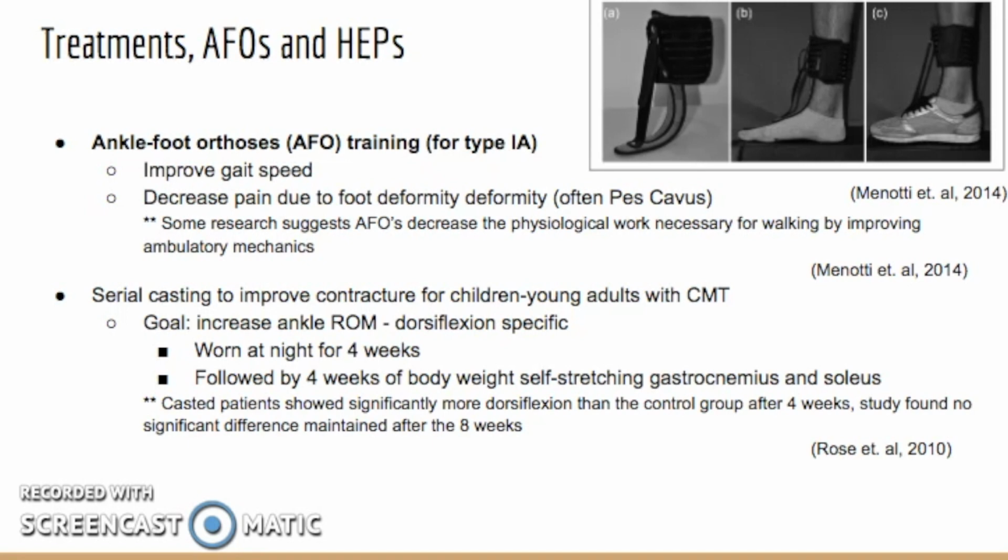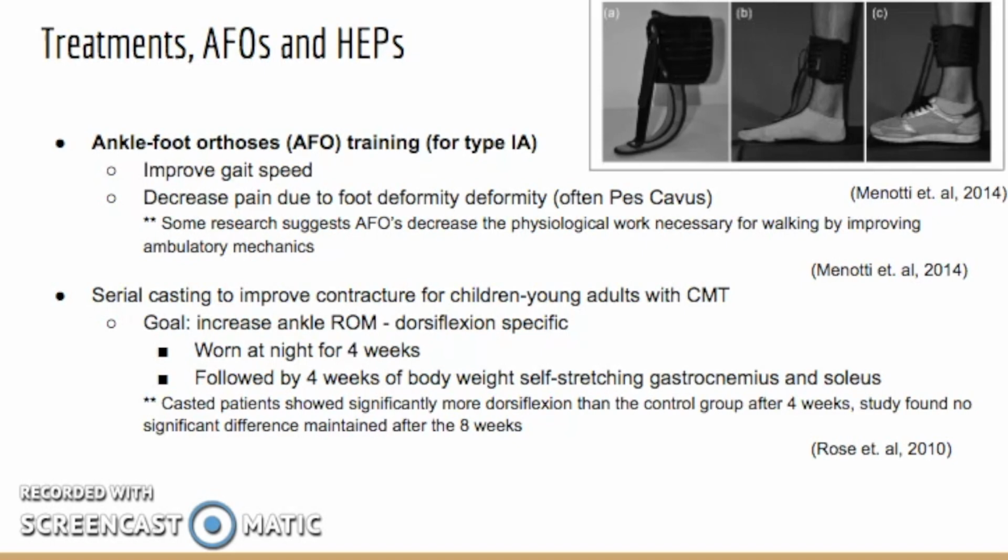Another study from 2014 by Minotti et al. looked at the effects that ankle-foot orthoses, or AFOs, had on gait for CMT patients with type 1A diagnoses. They took male and female participants, ages 30 to 50, and had them walk 23 meters around the track, first with just shoes and then with the ankle-foot orthoses.